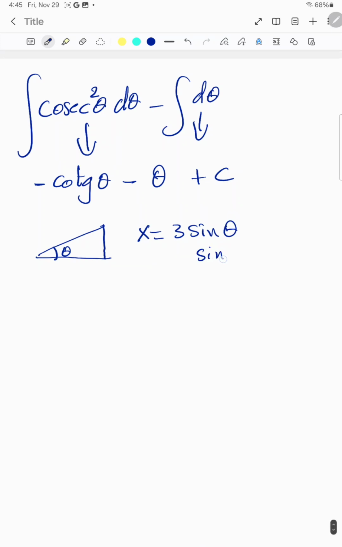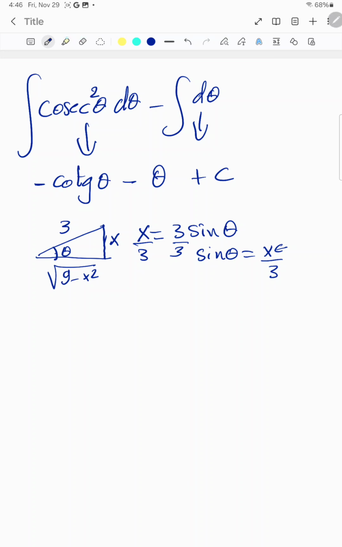So sine of theta is equal to x divided by 3. So I divide here by 3 and here by 3. And I know the sine is the opposite divided by the hypotenuse. So my opposite becomes x and my hypotenuse becomes 3. And I have the square root of 9 minus x squared. I put it on the side that is empty.